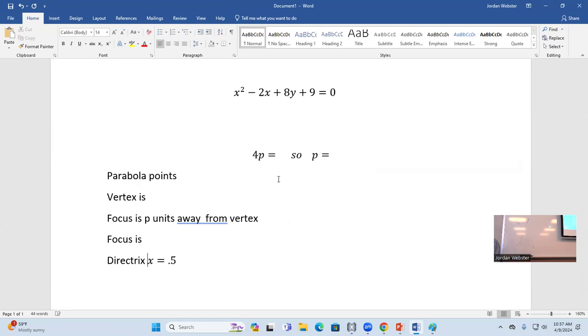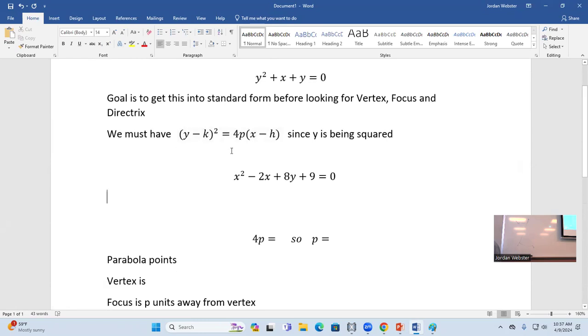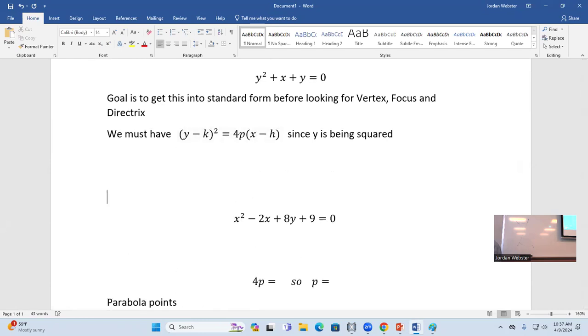And we'll get all these same things. So, first off, I should recognize that the goal is to get standard form.